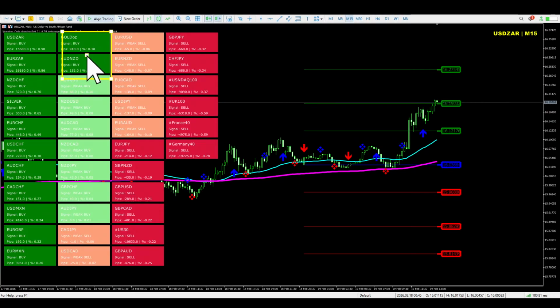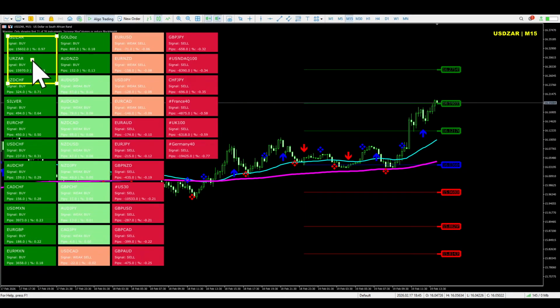We're going to have a look at these green blocks right here. These green blocks are the markets that we are interested in if we're looking for buy trades. These light shaded green ones are weak buy signals, so we're not really going to look at them at this moment. We're just going to focus on these markets right here.